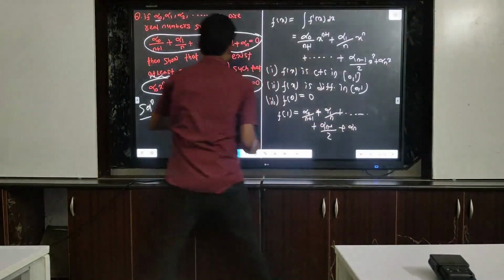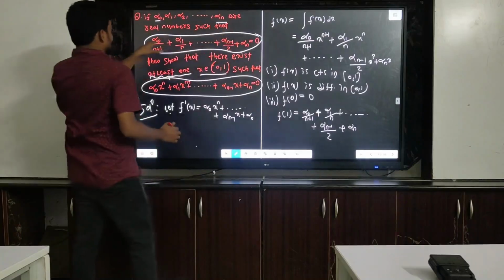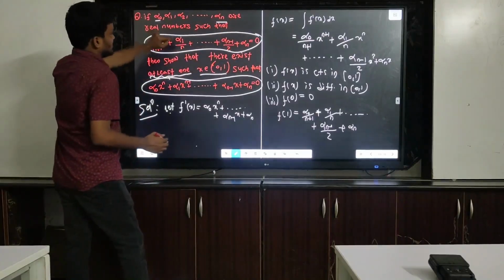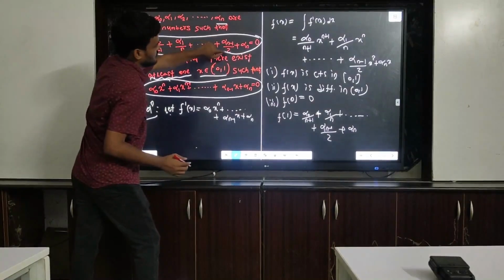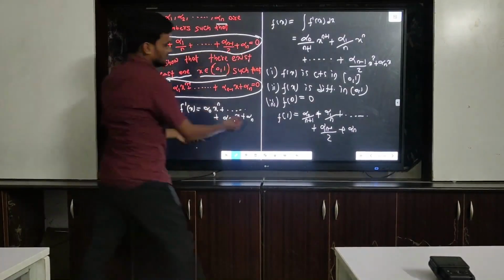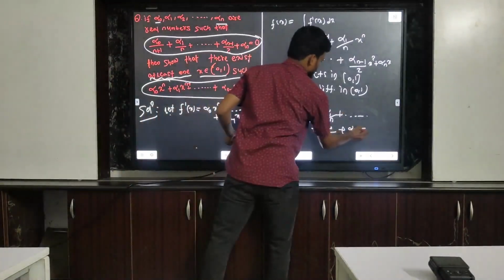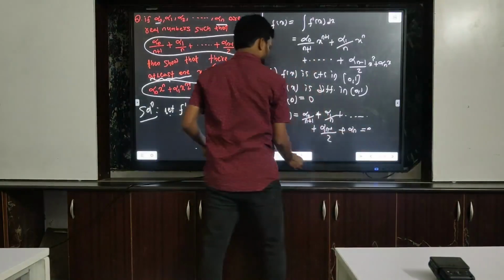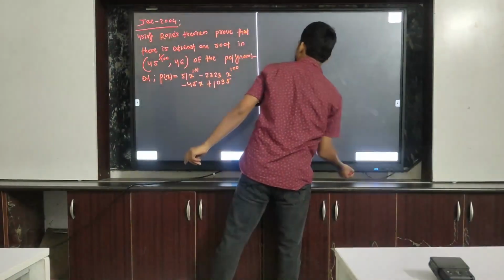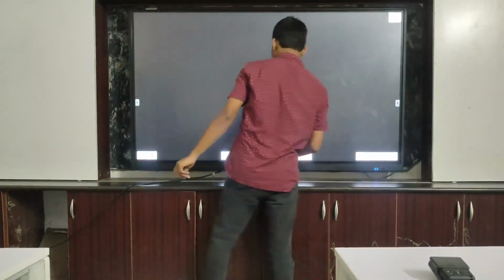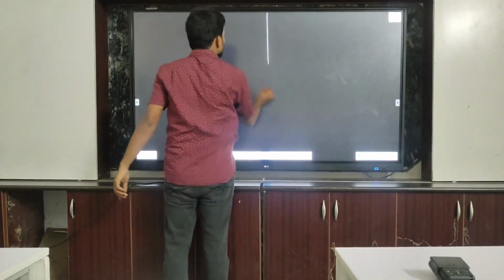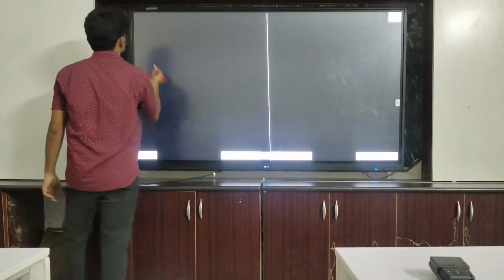Look at the condition given at the start: alpha 0 by n plus 1, alpha 1 by n, and so on, alpha n minus 1 by 2 plus alpha n is equal to 0. The same expression, right? So this is 0, so our third condition is satisfied.